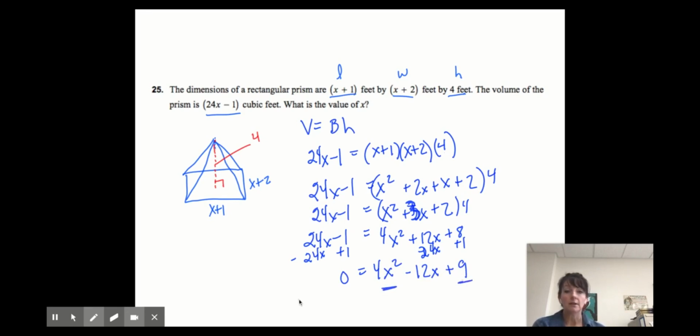So we have 0 is equal to 2x, because the square root of 4x squared is 2x, square root of 9 is 3, and this is the pattern with the subtraction, so 2x minus 3 quantity squared. So when we solve this, we only have to solve it once for x, and finding the value of x answers the question. We would be adding 3 and dividing by 2. So x is equal to positive 3 over 2.